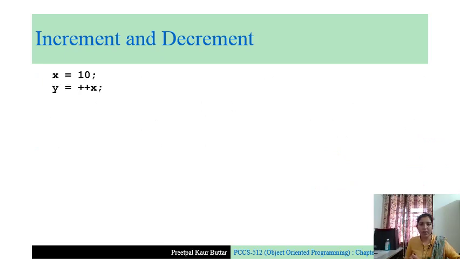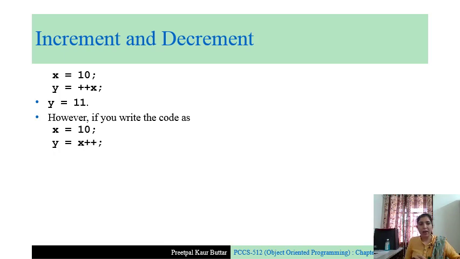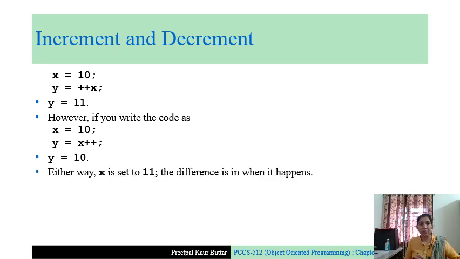So here is the same example. Initially x equal to 10. If we write y equal to plus plus x, then x will be incremented, x will become 11, and then the value 11 will be assigned to y. Therefore y is equal to 11. However, if you write this code as x equal to 10, y equal to x plus plus, then what will be the value of y? y will be 10.